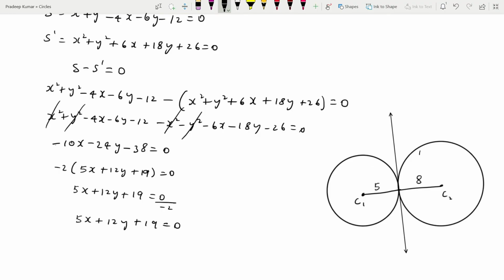So they are touching externally, that we found, and they also asked us to find the particular point at which both of the circles were touching. That also we found. And also they asked us to find this tangent, which is a common tangent for circle 1 and circle 2, so the equation of this tangent. That also we got. So this is all about this particular question.